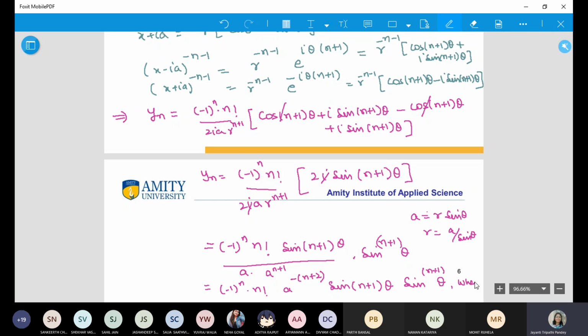Where theta is tan inverse a by x. That's all. See, I've solved one such question, but there are many questions based on it.